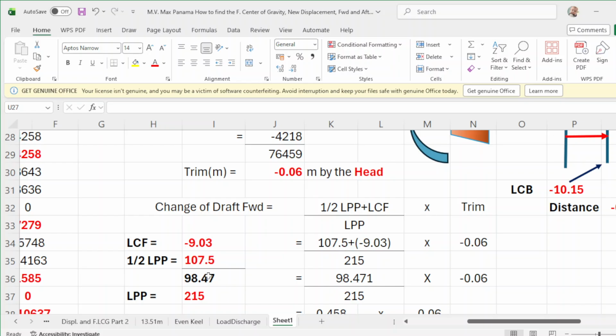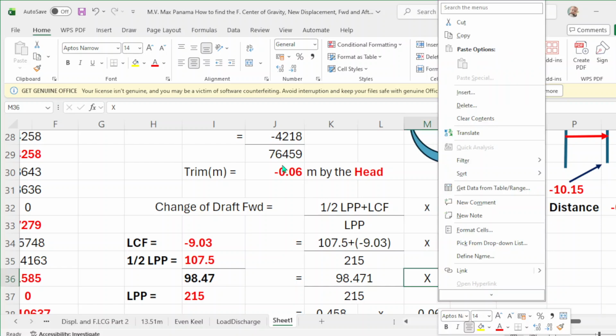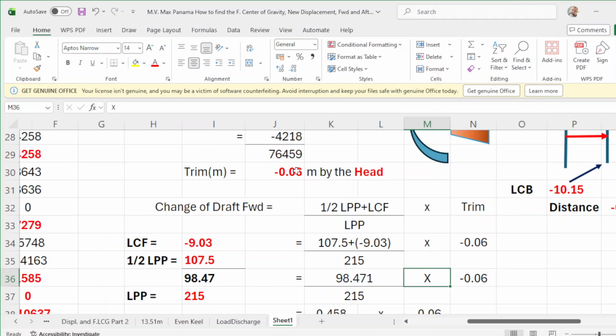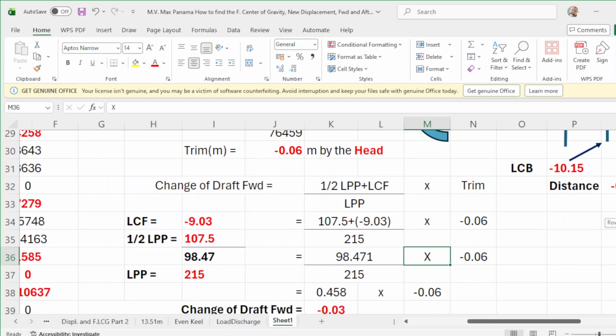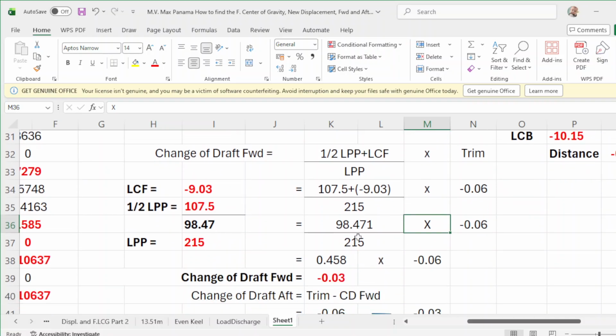You add these and the value will be 98.47, over your LPP of 215, times your trim, negative 0.06. Divide first, that will be 0.54, times your trim of negative 0.06, and your change of drop forward is negative 0.03.